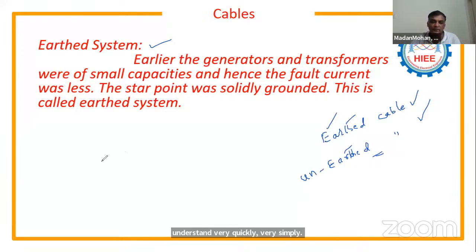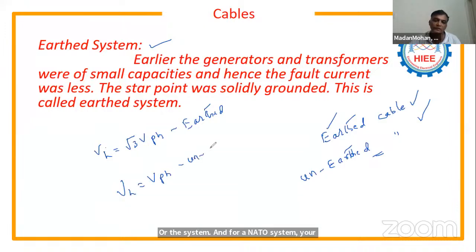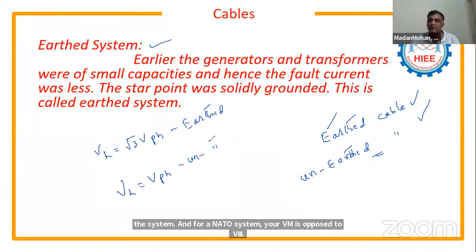I just want to make you understand very quickly, very simply, earthed and unearthed. For the earthed system, your VL is equal to root 3 V phase. And for unearthed system, your VL is equal to V phase. So what happens here?